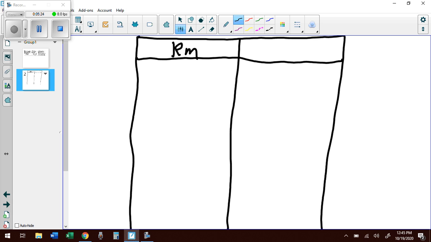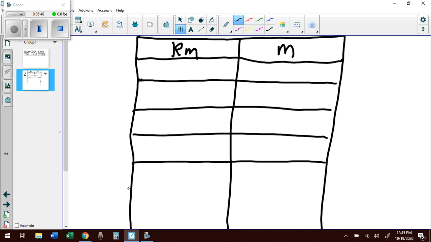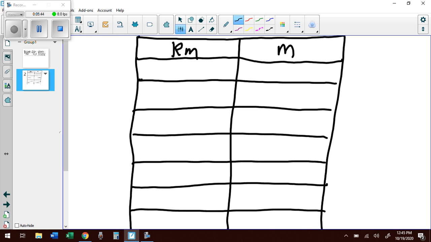Is like 5 meters like a kilometer or what? What we're actually saying is 1 kilometer is 1,000 meters.